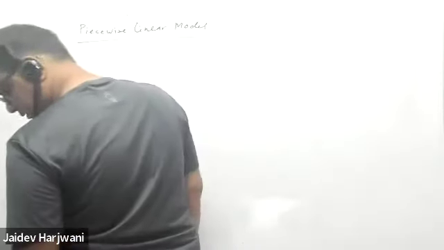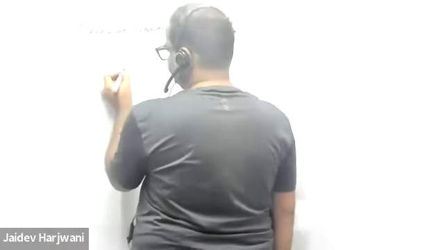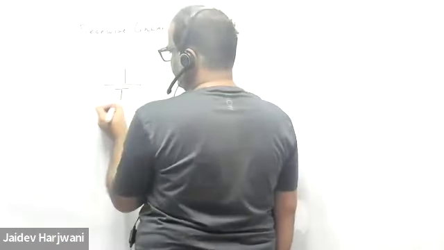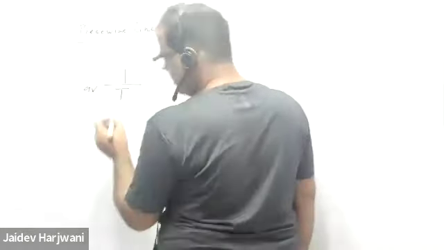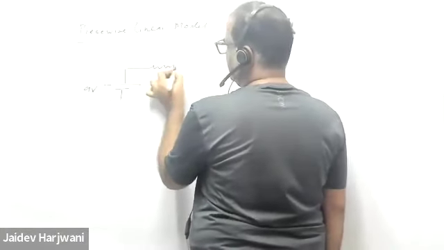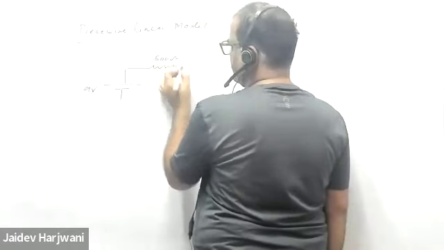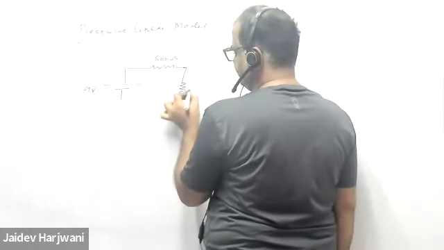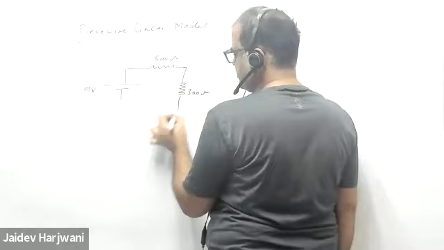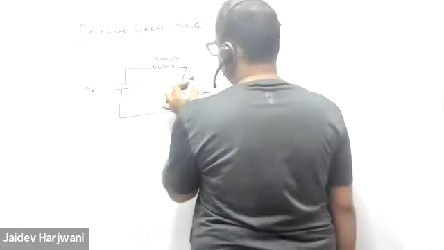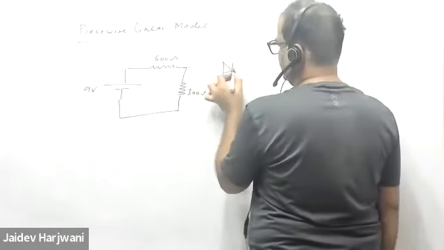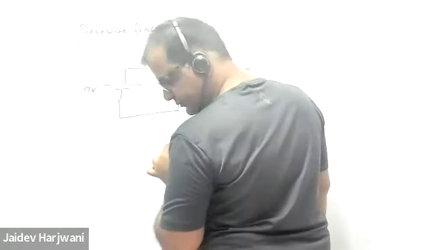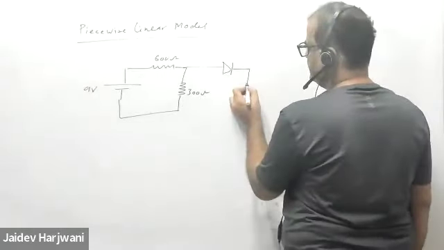Say I have a battery of 9 volt, 600 ohm, 300 ohm, and here I have a diode, and this is your 100 ohm.